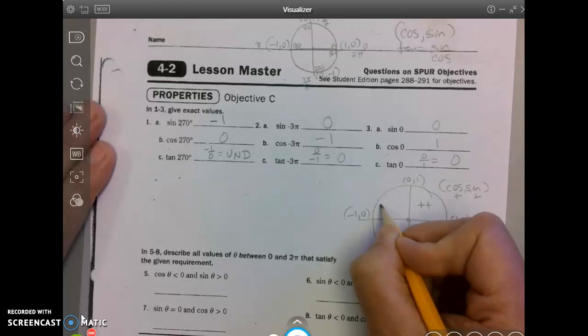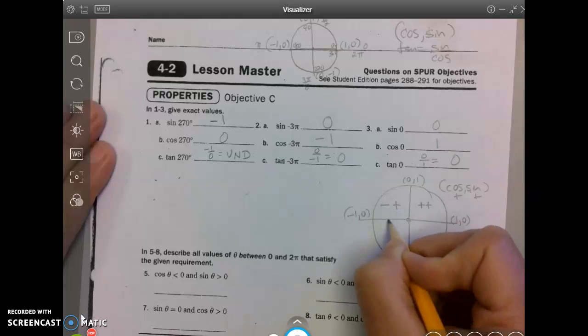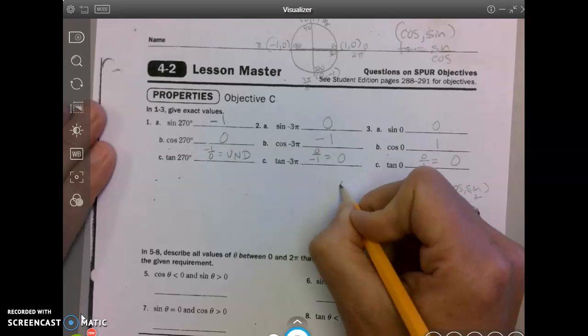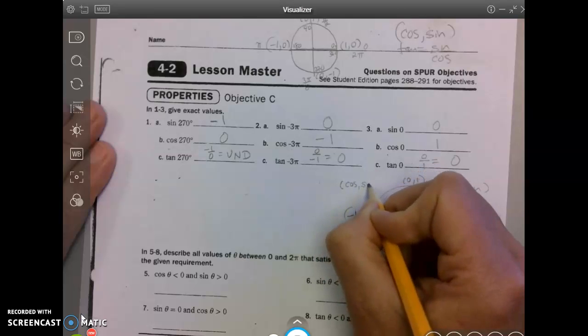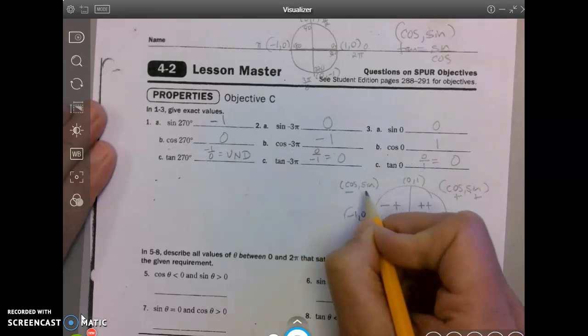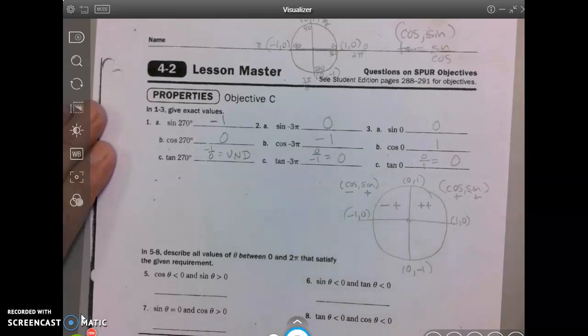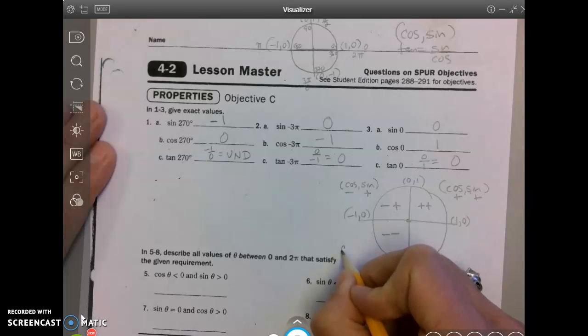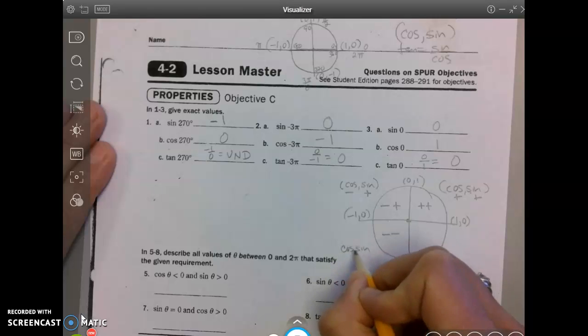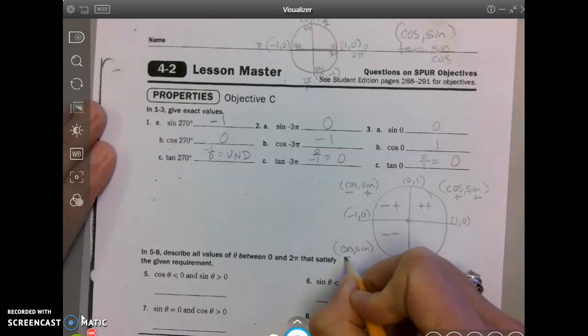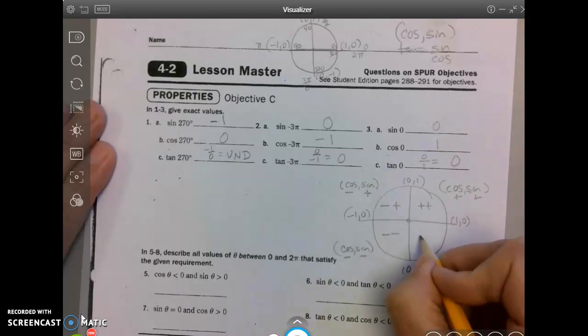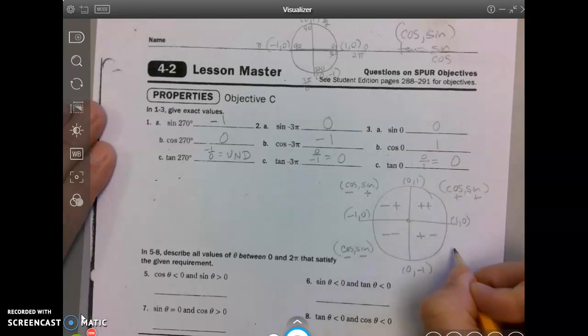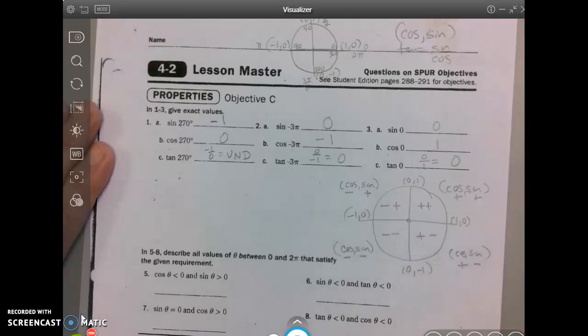This is my negative, positive quadrant. X is negative, y is positive. So cosine is negative, sine is positive. This is my negative, negative quadrant, which means cosine, sine, negative, negative. And this is my positive, negative quadrant, cosine, sine, which is positive, negative.